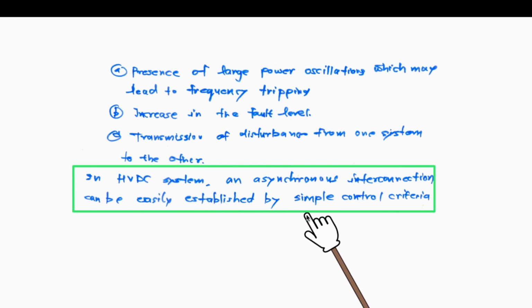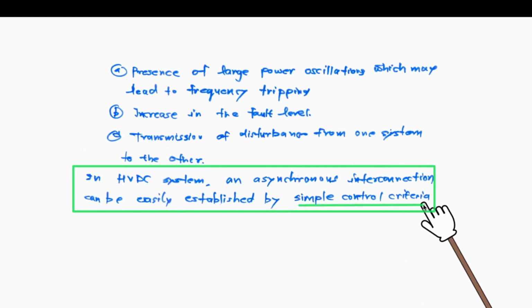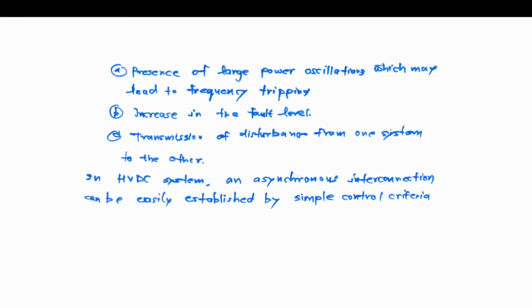Okay, and a simple control criteria can be established in order to have complete flexibility, right? So these are the different points that we have discussed as far as the comparison of EHV AC and HVDC transmission technologies.